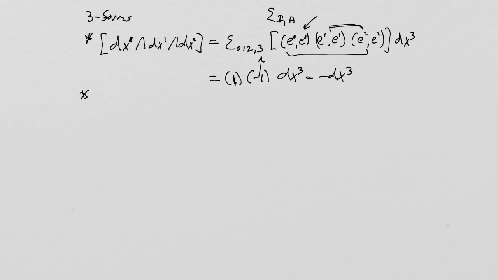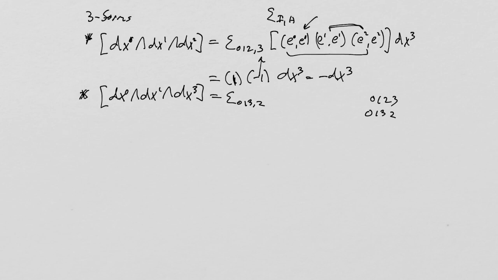And then I guess I'll just do one where it turns out to be positive. Again, the same thing kind of happens. dx0 wedge dx, let's say 1, 3, you basically end up with 0, 1, 3, 2, right? 0, 1, 2, 3 to 0, 1, 3, 2 is one flip, right?